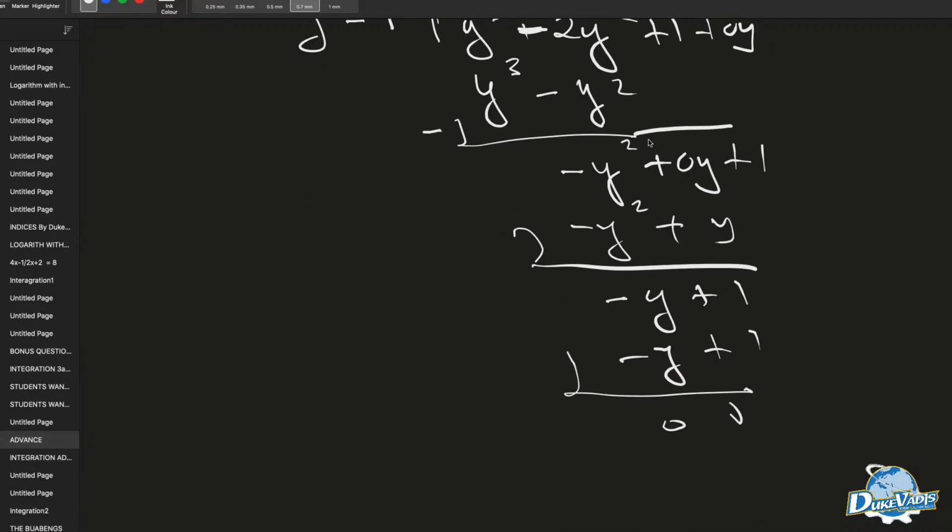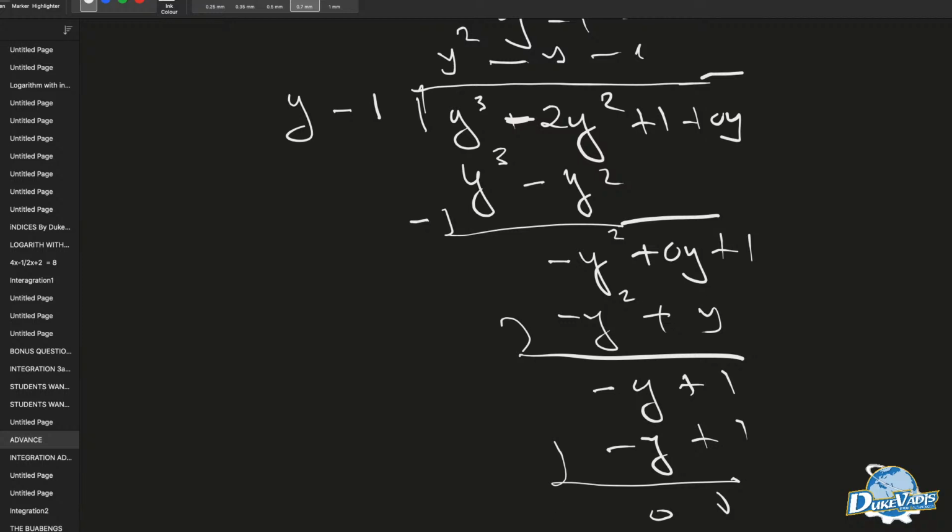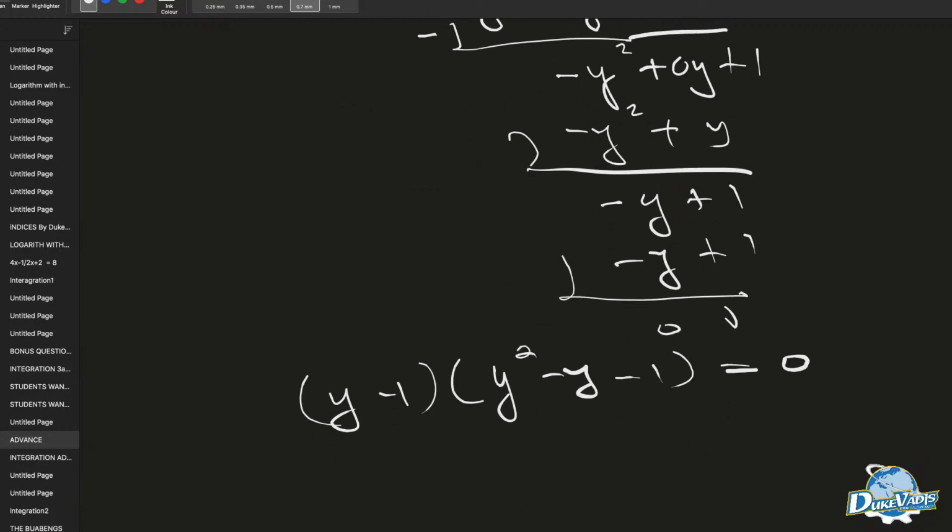So the whole equation then becomes y minus 1 into bracket y squared minus y minus 1 is equal to 0. So when we solve this, we get y equals 1 for this, and this becomes a quadratic.